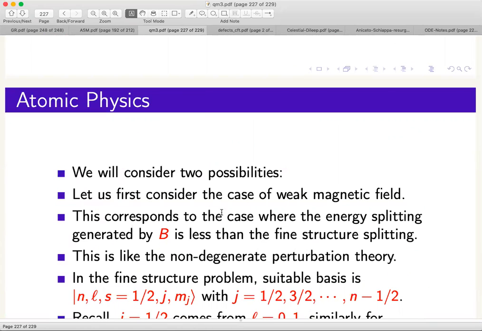If you have a weak magnetic field, that means B is small, then this would correspond to the case where you compare the splitting generated by this external magnetic field with the splitting that you have in the fine structure problem. If the splitting is small compared to the fine structure, then we would treat this as a non-degenerate perturbation theory.